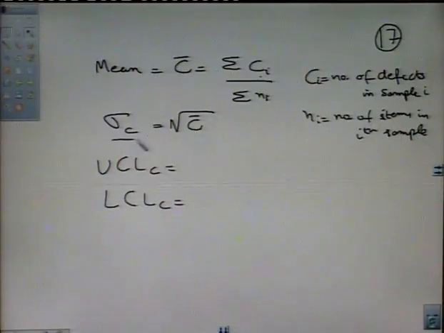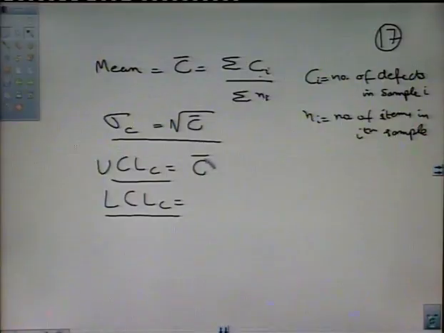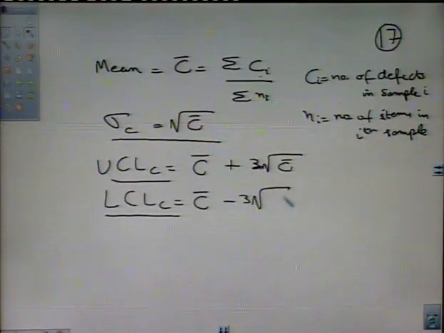Then the standard deviation is the square root of C bar. Upper control limit in case of the C chart is again based on plus minus 3 sigma limits, that is C bar plus 3 times the square root of C bar. Lower control limit is C bar minus 3 times the square root of C bar.